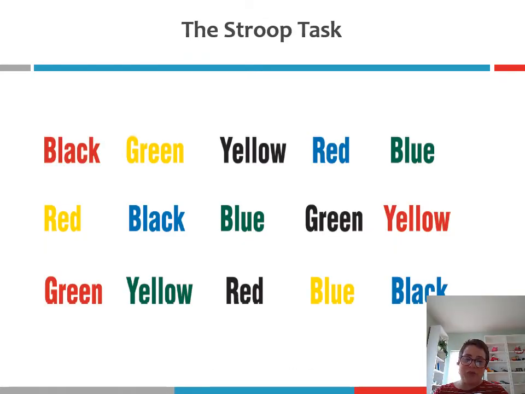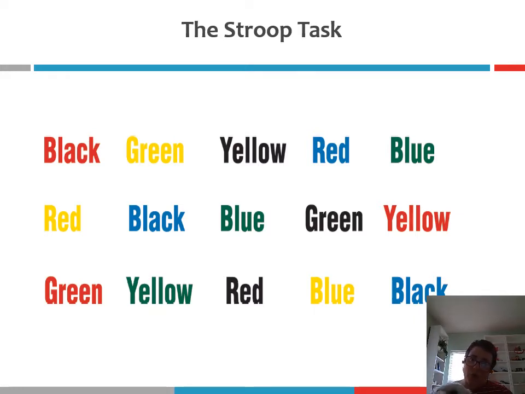Okay, so this is another example of a particular task that is illustrative of your central executive. Some of you might be familiar with this and you might remember it from your book, but this is called the Stroop task.